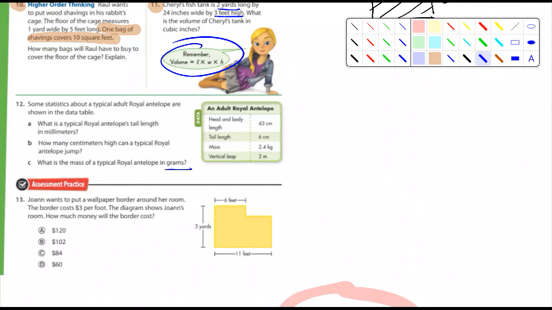So you're going to be converting these, and again, you're going to have to go back 2 or 3 sections to figure that out. And then 13, the last one, you guys can do multiple choice. Okay, that's it.